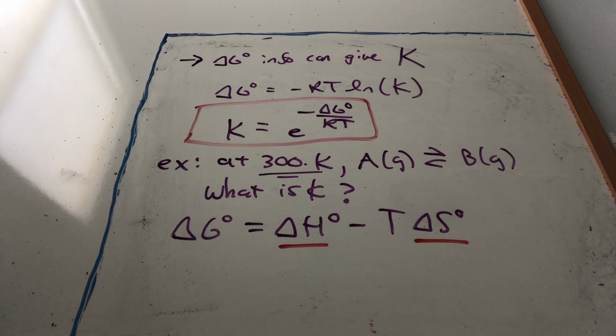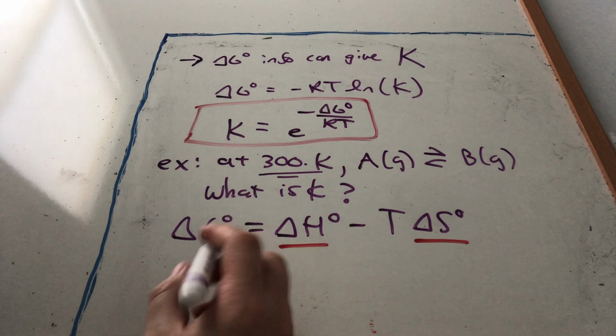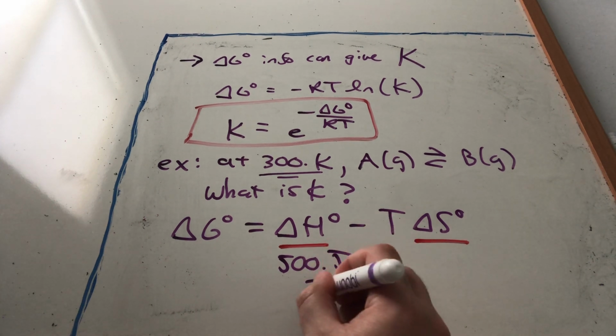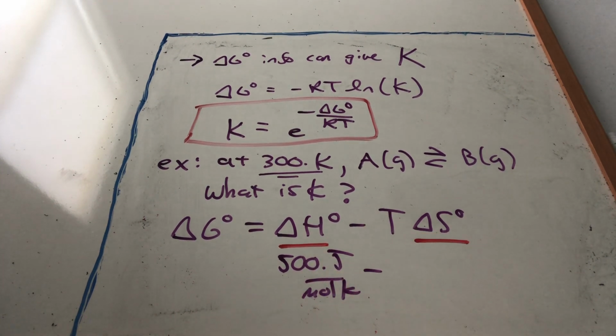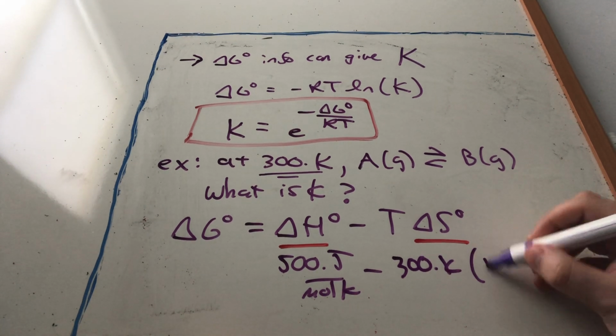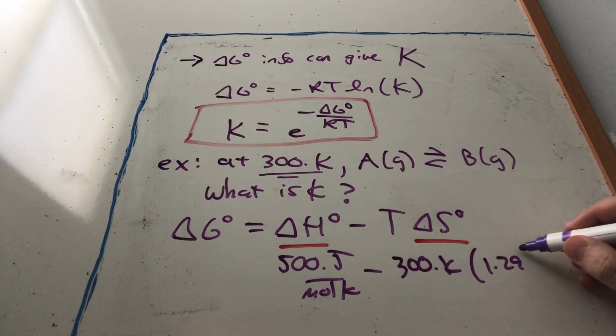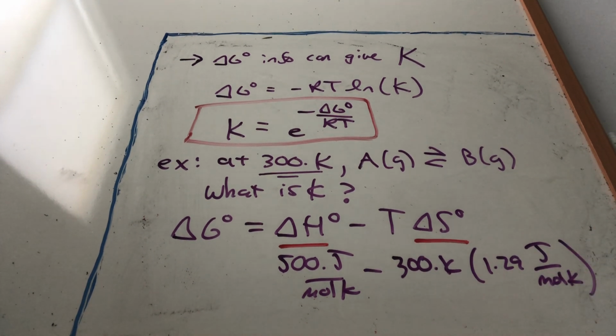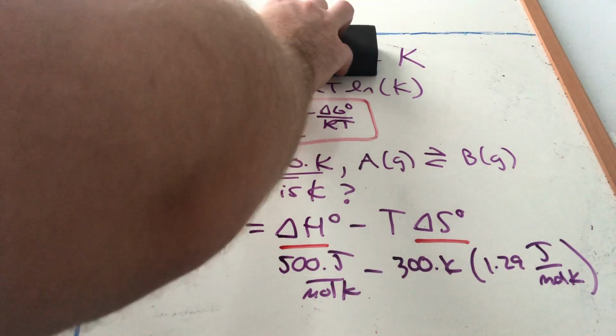So delta H naught was 500 joules per mole, and we use it at 300 Kelvin, and our delta S naught was 1.29 joules per mole Kelvin. I can plug this in and get a value for delta G naught.